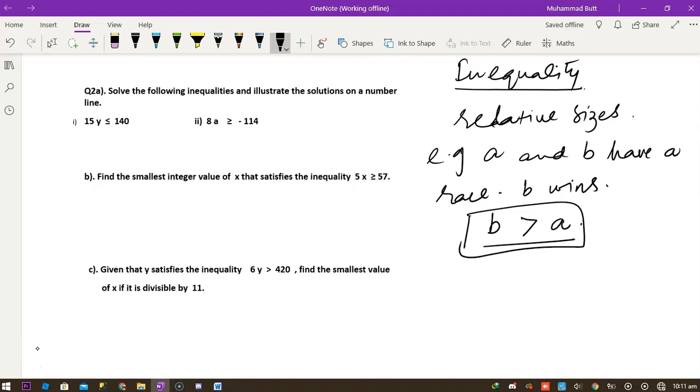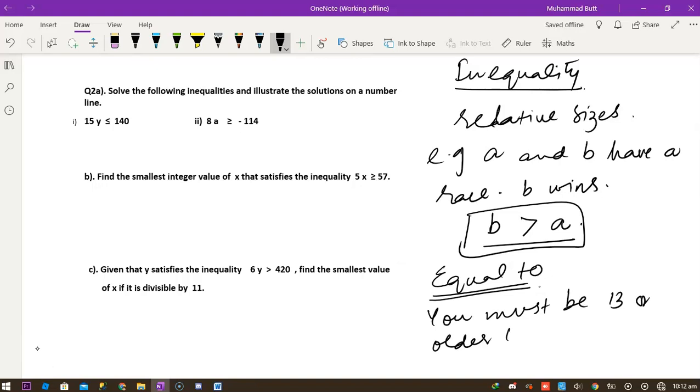Sometimes inequality also incorporates the sign of equal to. Like if you want to watch a movie and your parents are telling you the rule that you must be 13 or older to watch the movie.